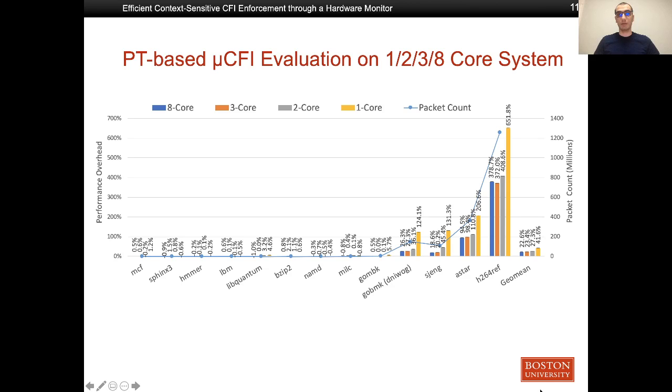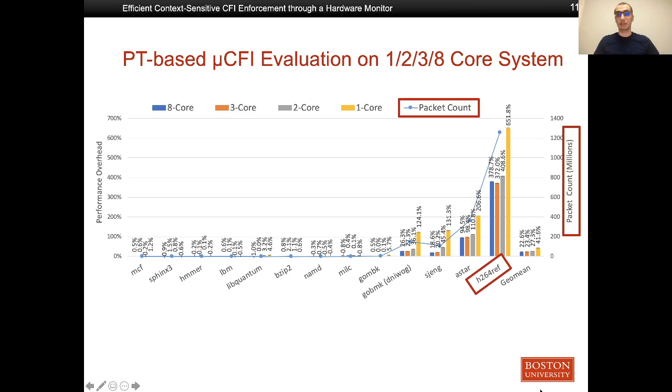So coming back to our previous question, why do we observe drastically increased performance overhead on a single core? Again, we present the same graph, the same experiment that we showed in our previous slides, but this time we also present the generated packet count for each benchmark.